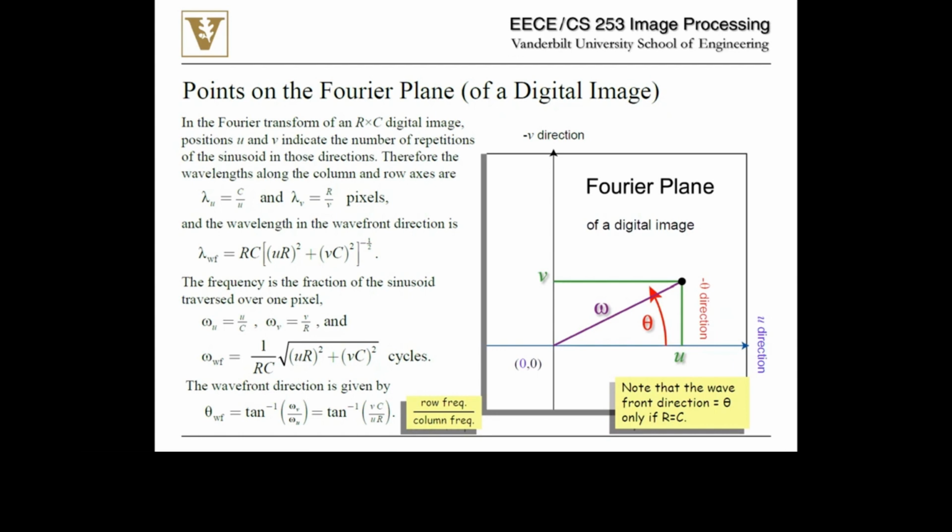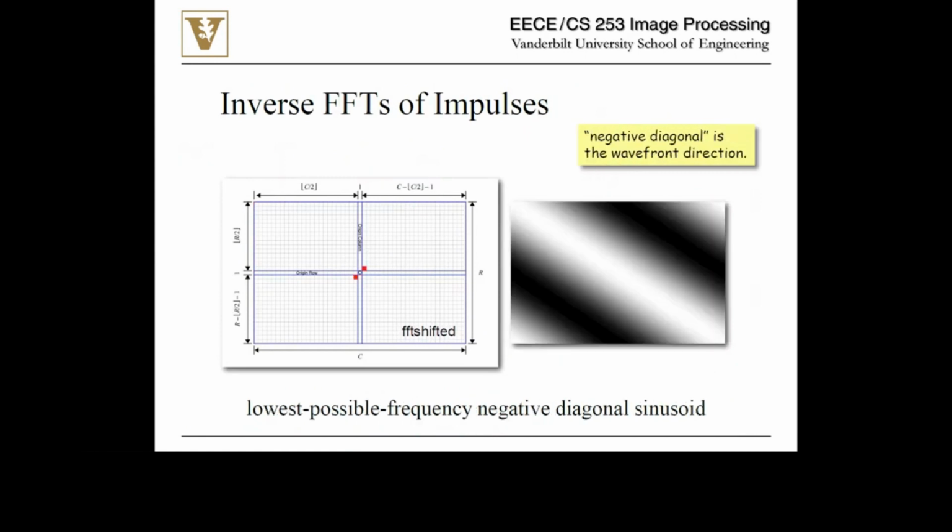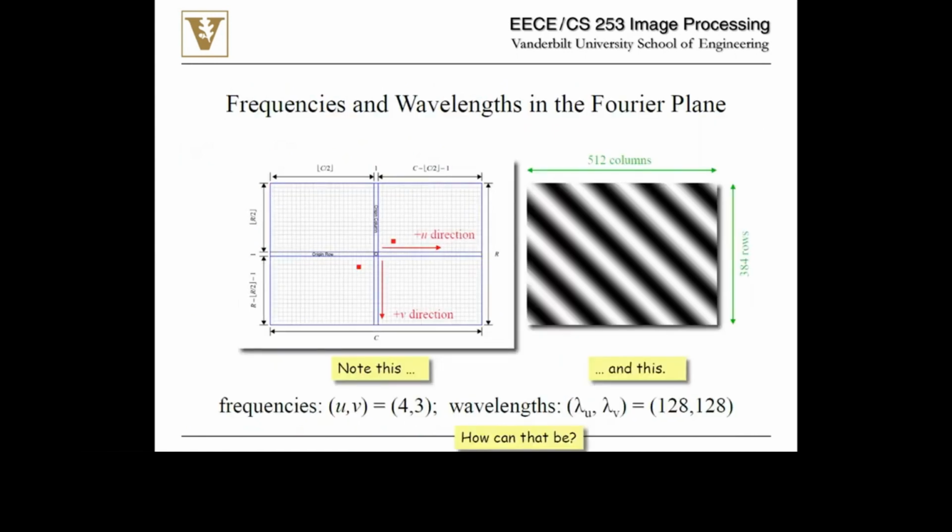And then the wavelength in that direction is C divided by U, C divided by kx. You see? And in the other direction, the image is smaller in this direction, but the wavelength is the same, even if they have different indexes.